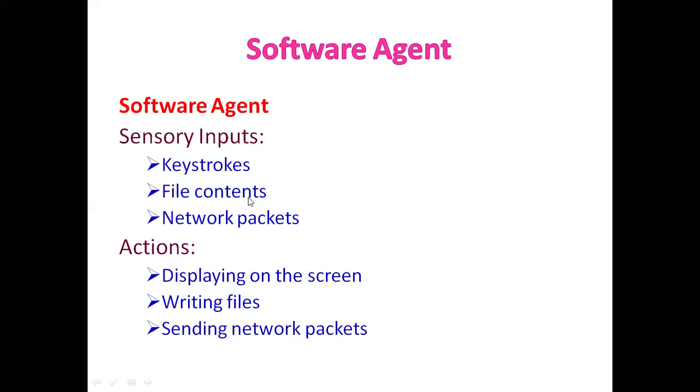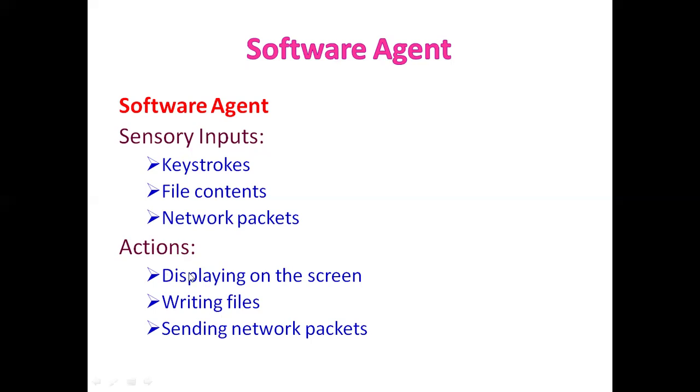File contents are read or processed by the software agent, enabling it to analyze, modify, or extract information from files on a computer or server. Next, network packets refer to data transmitted over a network, which the software agent can monitor, receive, or send, facilitating communication with other systems or agents.